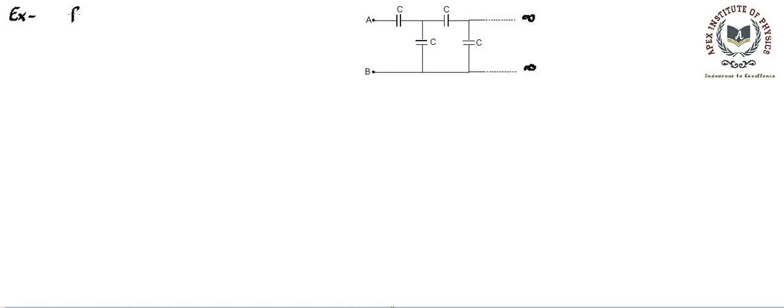So what we need to do is find again the same thing, the equivalent capacitance between terminals A and B, and this kind of network of capacitance is known as an infinite ladder.